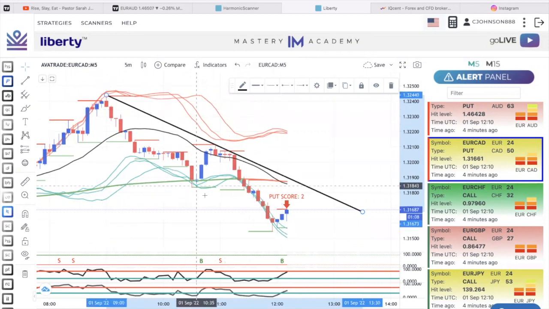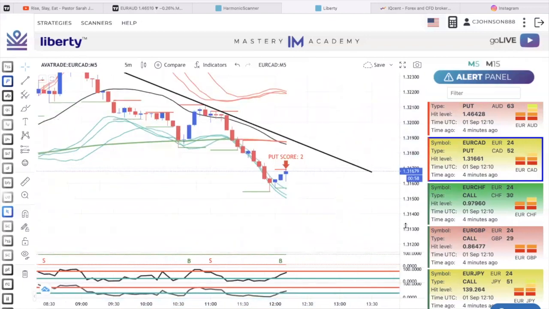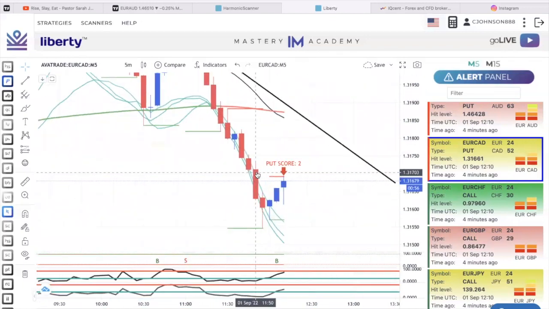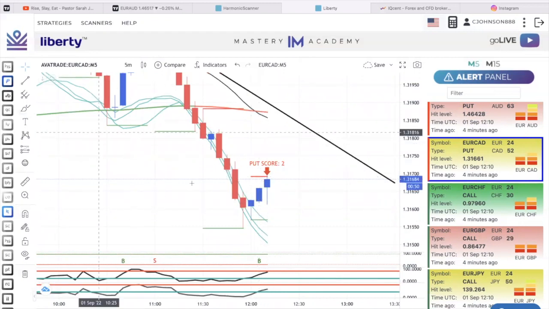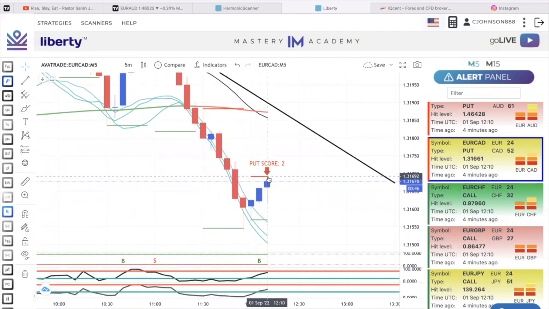It goes down, comes up, and comes back down. Every time it goes down, you see more red candles than blue candles. So let me make this a little bit bigger. All I'm doing is waiting for it to come up to this red line right here, like you see here.